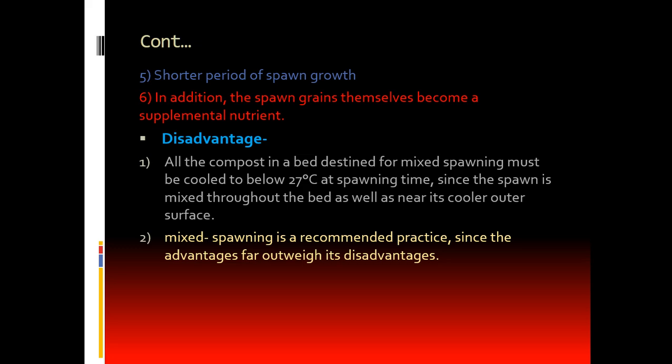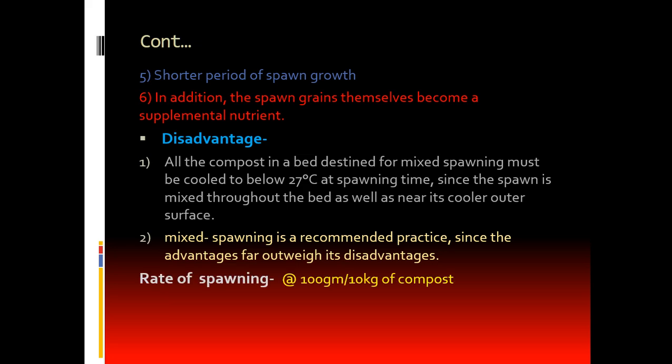Okay, now we are taking only one operation, spawning and casing. Spawning is done earlier, and thereafter casing is done 12 or 14 days after spawning or after spawn run. Okay, see, the mixed spawning is a recommended practice since the advantages outweigh its disadvantages.